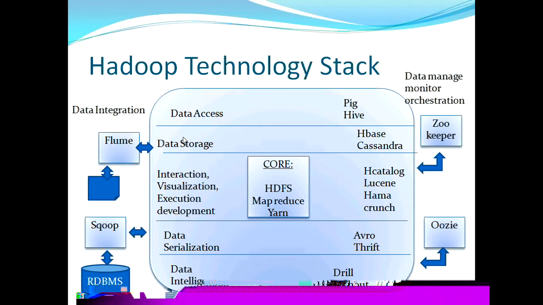Writing MapReduce programs is very low level and very tough for a typical non-Java person, or someone who knows more SQL. He can't enter into Hadoop because of this obstacle. So here we have the data access technologies, Pig and Hive.